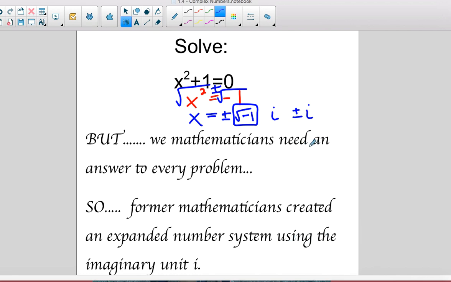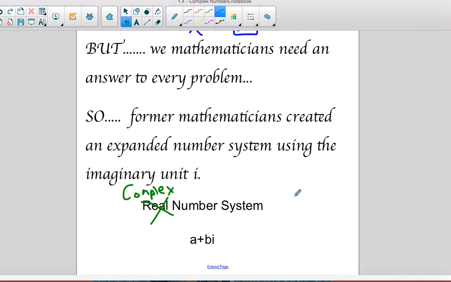So that's where we get this whole other set of imaginary numbers, which is the reason why we call it the complex number system instead of just a real number system, because complex can mean real or imaginary. And then every number that you've ever known can be written in this complex number form, which is just a plus bi form. So a and b are just numbers, but once you multiply a regular number times an imaginary number, that whole thing becomes imaginary.